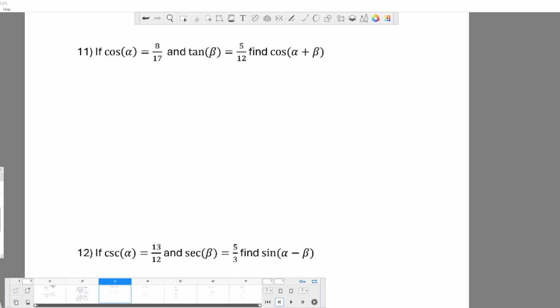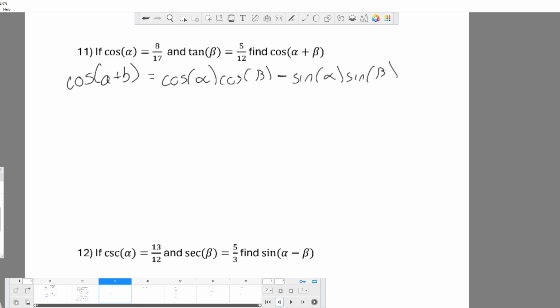So this is cosine of A plus B. The cosine formula, and I'm actually always looking at it every time, is cosine of alpha plus beta is equal to cosine of alpha times cosine of beta, and then use the opposite sign, sine of alpha, sine of beta. And then we just have to go figure out the missing pieces that we don't have. So it is pretty easy to figure out.